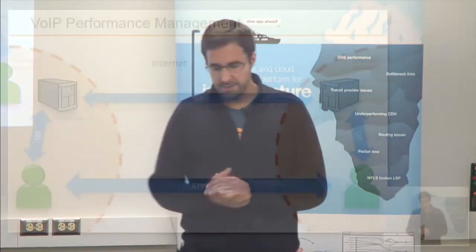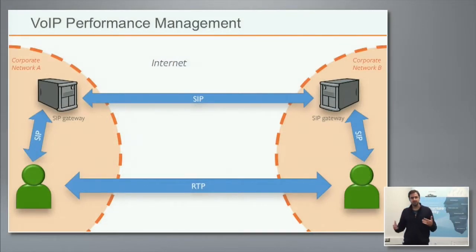So just to start, how does the VoIP architecture work? Basically, if you have two people who want to speak to each other and they want to use the internet to communicate, using VoIP, the typical user scenario is where you have users in different corporate networks. One user can be in corporate network A, and the other in another branch office, and the communication can go across the internet.